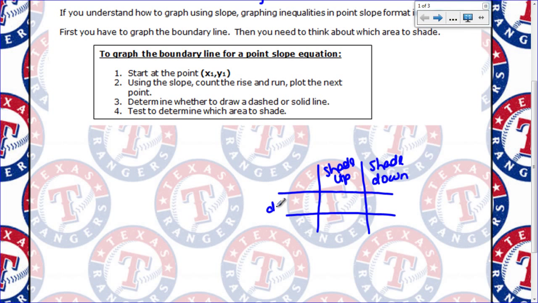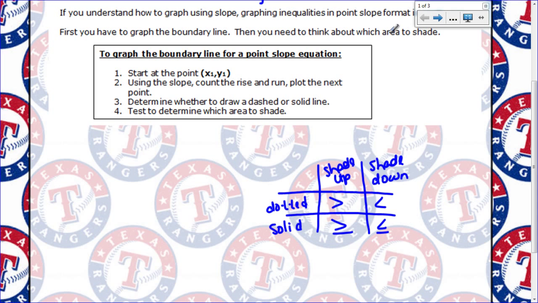This was dotted. And this was solid. And so then you had your symbols like this for what to do. It wouldn't hurt you to redraw that or to go back to the notes that we took before that already have that chart in there to refer to for steps 3 and 4.